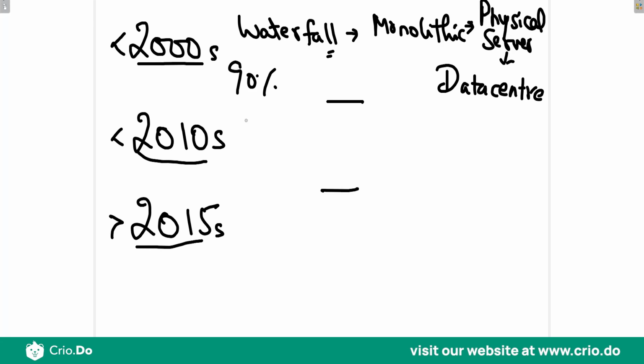So from the period of the 2000s to the late 2010s, there was this concept of agile development that took place. What the agile concept says is that rather than creating an entire software from scratch, waiting till every feature is completed and then deploying it, agile follows an iterative, incremental approach.